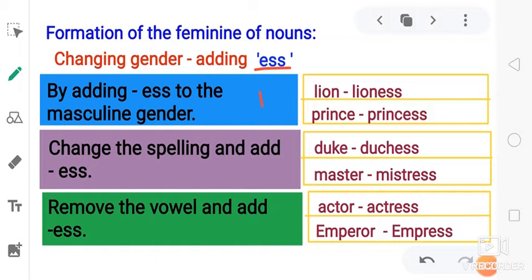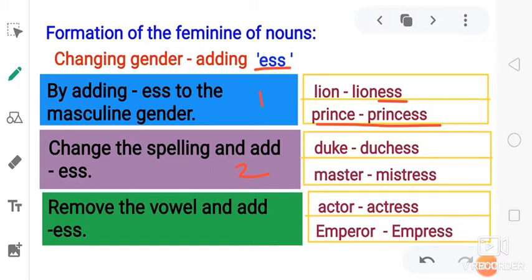Lion is masculine gender. We just add ESS and change lion into lioness. Prince will change into princess, just by adding ESS.